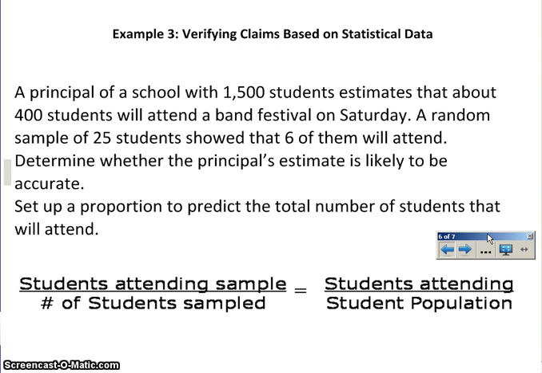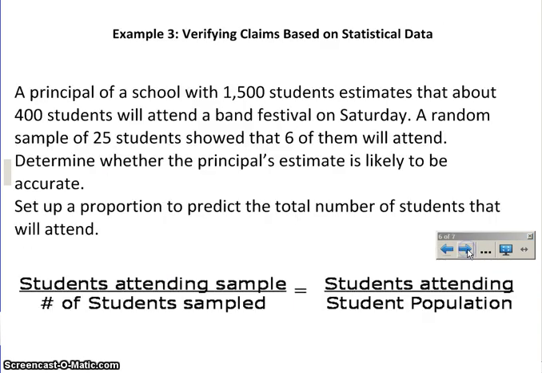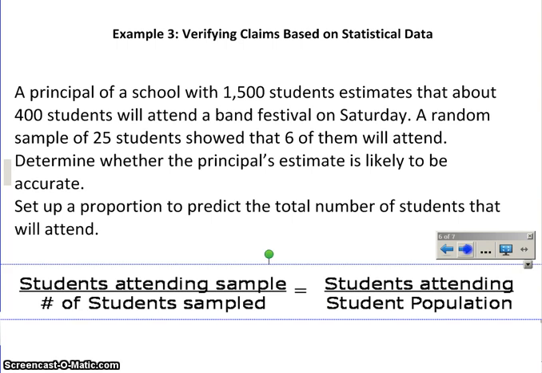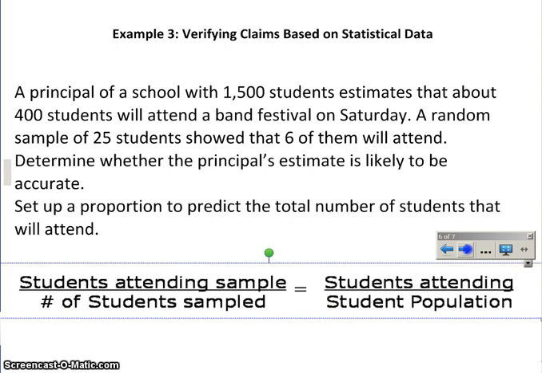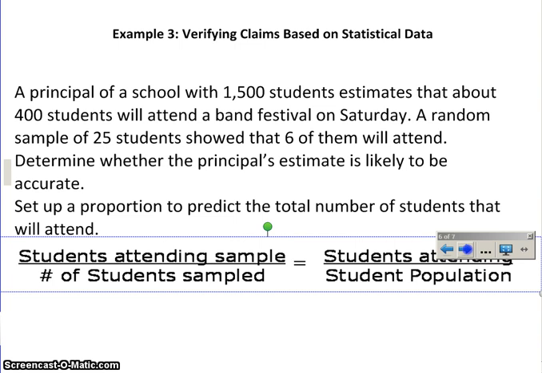So you can see our proportion down here. Students attending out of the sample over number of students sampled should equal the total students attending out of the total amount of students. So I'm going to move this up here a little bit so we can write underneath it.